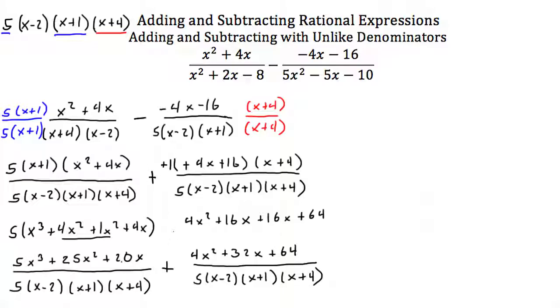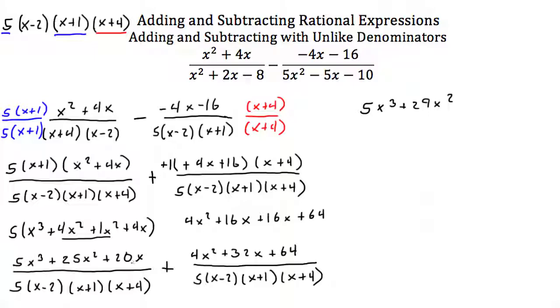Now we're almost done. All we have to do is add our numerators because we have a common denominator. There is no other cubed term than the 5x cubed, so we'll have 5x cubed. We have 25x squared and 4x squared. So that's 29x squared.